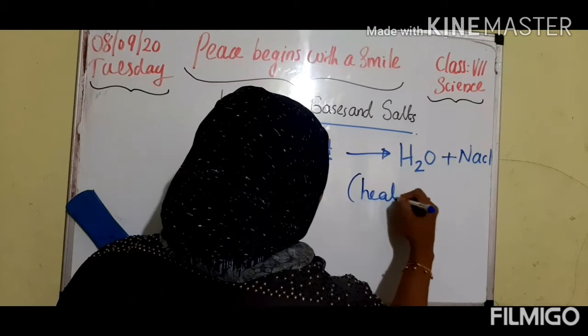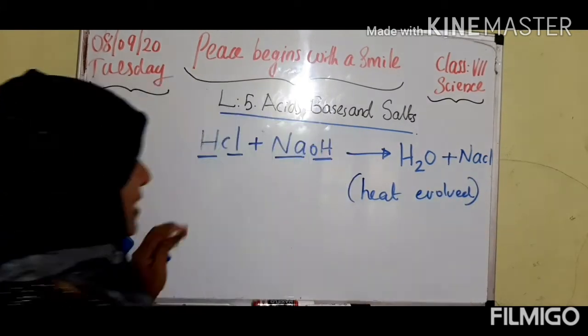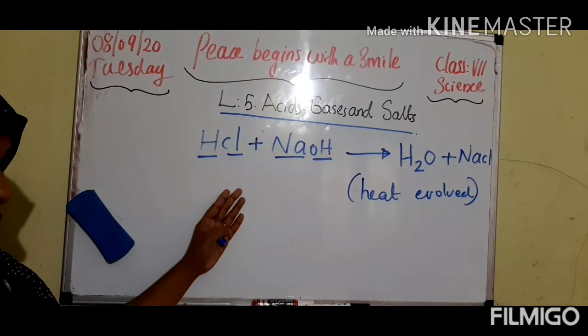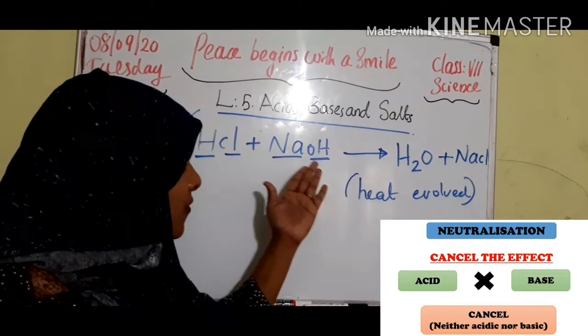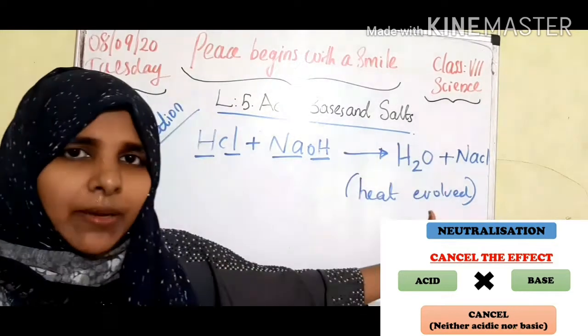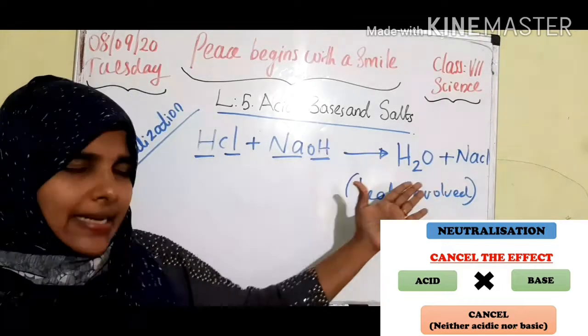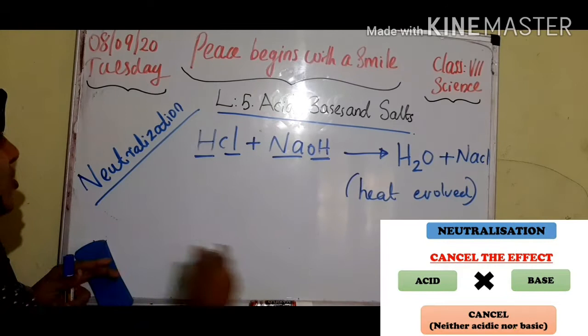Heat also evolved in this reaction. This reaction we call neutralization. When acid is mixing with sodium hydroxide, we will get water and sodium chloride, that is salt, right? This reaction we call neutralization.